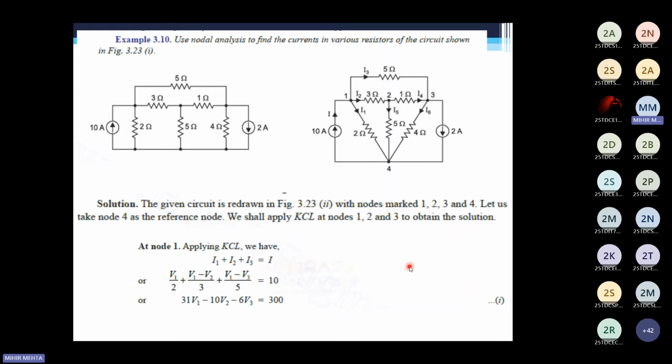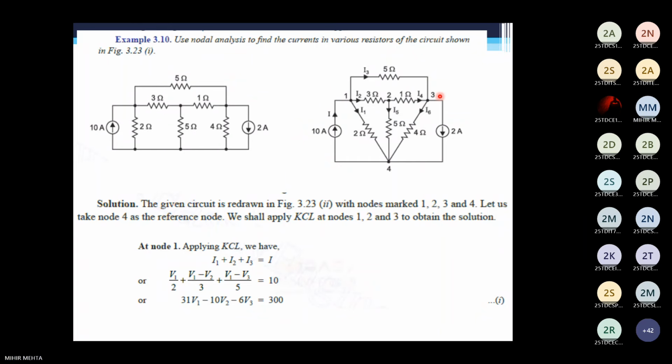Yes, Marut, go ahead. Sir, node 3 equation. Node 3. Okay. Can you see my pointer, the red color dot? Okay.